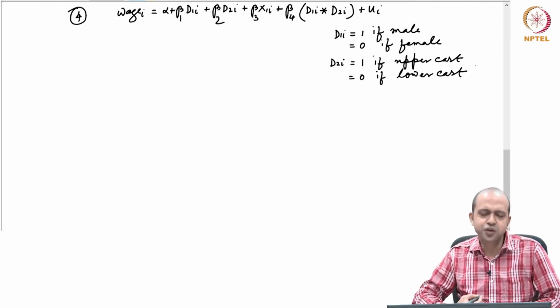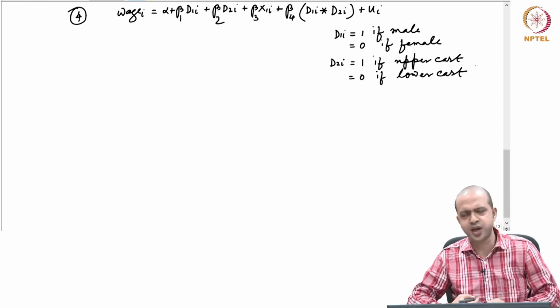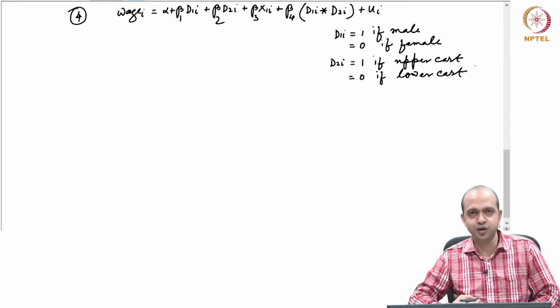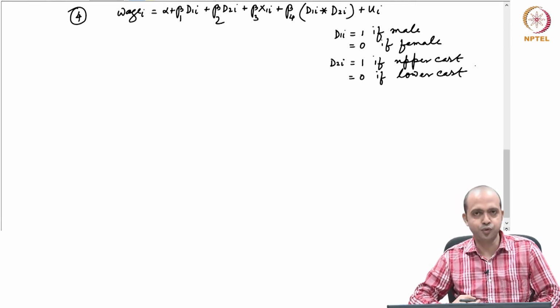And what is the rationale for this? Maybe we are hypothesizing that the male female difference in wage is little lower for the upper caste, because in upper caste female workers, because of their empowerment or higher bargaining power, could reduce the gap between the male and female labor force. While for the lower caste, female workers, because of their lower empowerment or lower bargaining power, are not able to do so.